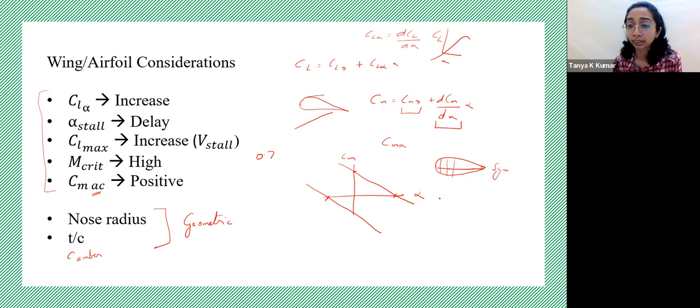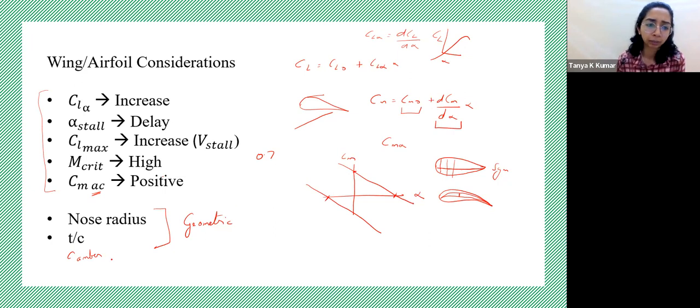Now, if I draw a positively cambered airfoil, if I have something like this, your chord line is here, but your camber line is here. So the camber here will be the maximum distance between the chord line and the mean camber line. Okay, he's right. What he said is right. It is the difference between the chord line and the camber line, the maximum distance.